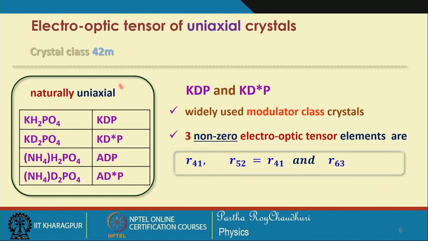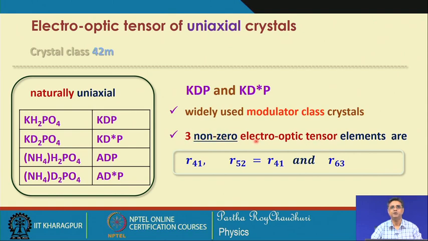So, we will first discuss this KDP and ADP. The properties are like this: they are naturally uniaxial. KDP, potassium dihydrogen phosphate, and ADP, ammonium dihydrogen phosphate, are very important crystals, and they are very often used as modulator class crystals. A lot of commercially available devices made out of these crystals already exist in the market.